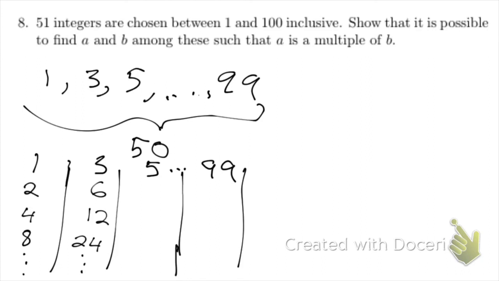And this one is going to have 5 times all the powers of 2. And we're going to have all the other ones in between here in our 50 different pigeonholes, but this final one is just going to have 99. Okay, well, it's already there.